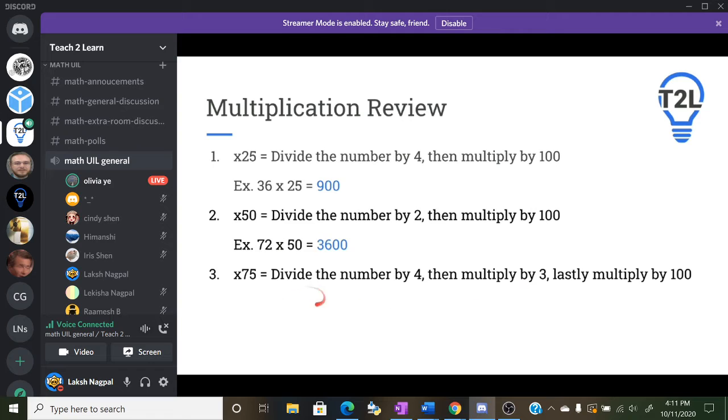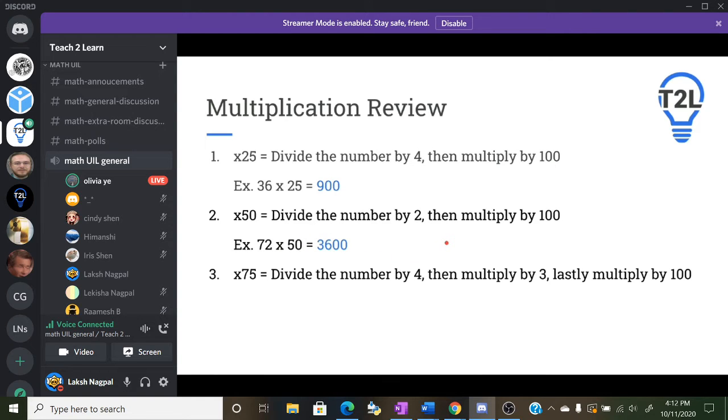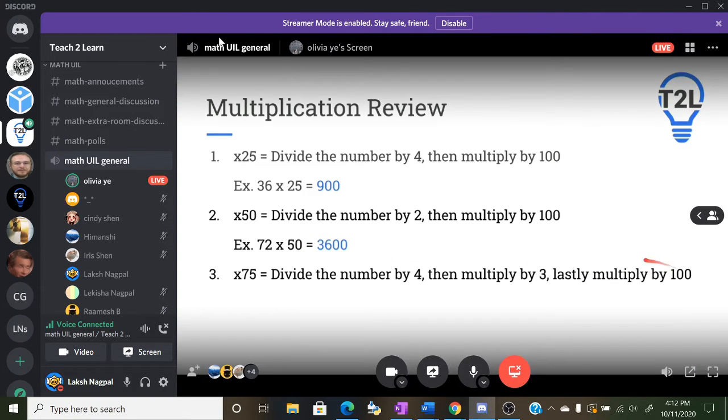So 24 times 75. Can you guys try that really quickly? Because if I click, it'll show the answer at the same time. Once you get the answer, just put it in the math general discussion.